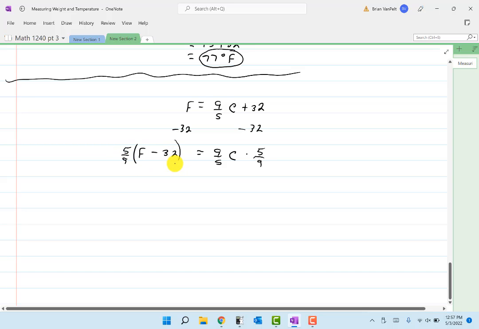Make sure you put parentheses around the left side. This way the 5s and the 9s all cancel, leaving C all by itself. So if I give you a Fahrenheit temperature, now you can give me the Celsius temperature.